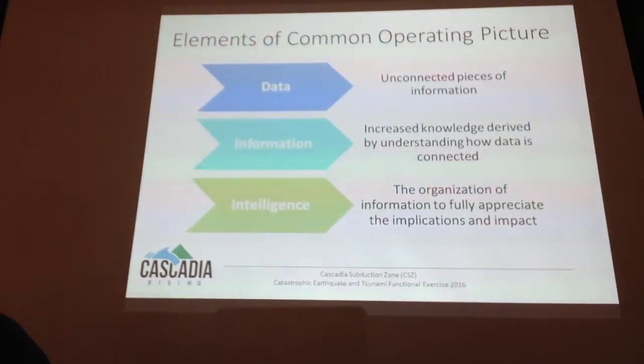So here are the elements of common operating picture. Data: you're going to get this data through situational awareness, unconnected pieces of information. Information: increased knowledge derived by understanding how the data is connected. You know that there's trees down, you know there's power loss, you know people are losing power to the refrigerator, so their food is going to go bad.